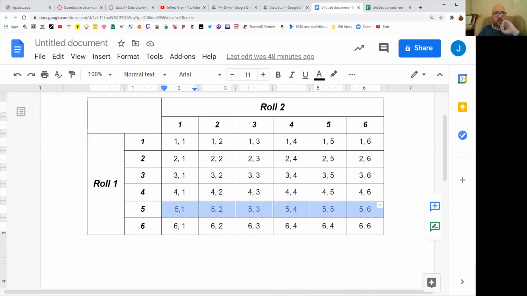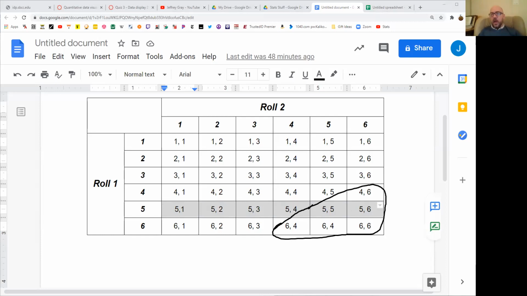Let me remind you, I'll go ahead and annotate this, even though it's just going to get deleted as soon as I leave the screen, that event C was these 6 outcomes right here where the total was at least 10. Two of those are also in this new event D, which is that the first roll is a 5.